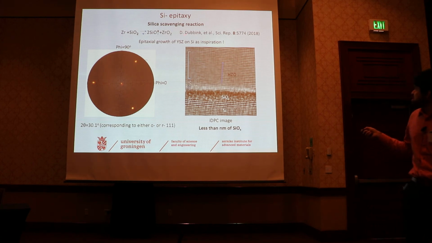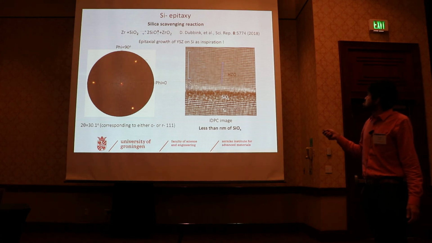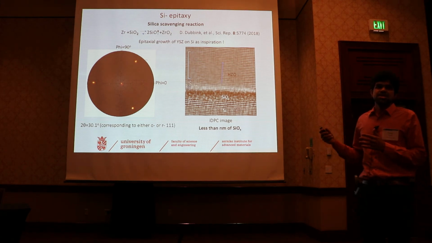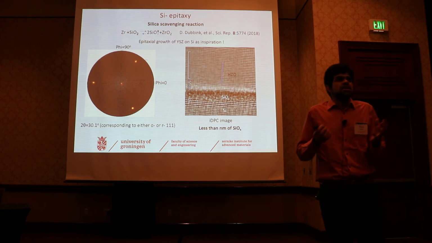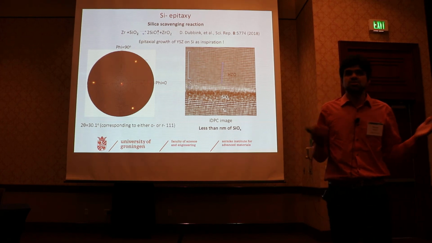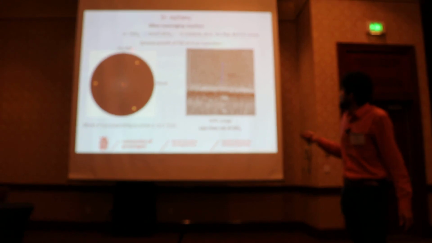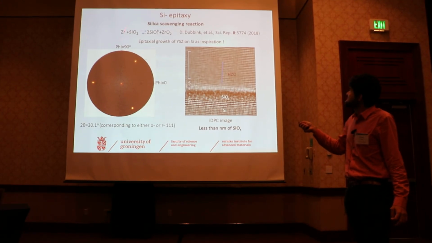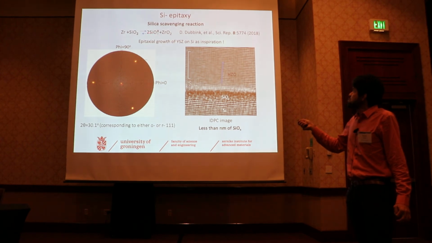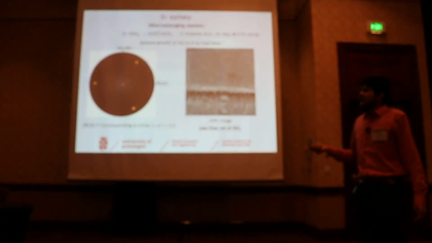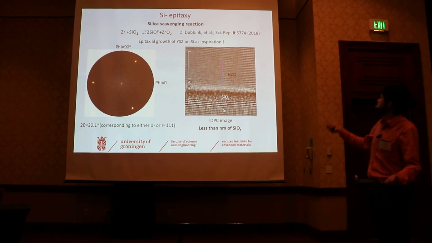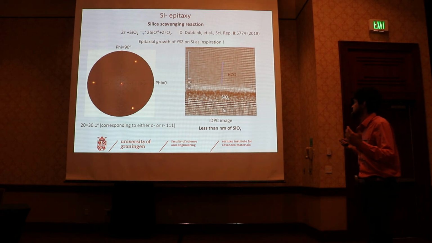And for that, we took epitaxial growth of YSZ, the yttria stabilized zirconia, on silicon, which is very well used in superconducting literature, high TC superconductors, where zirconia actually scavenges the native silicon oxide layer, forming through this reaction, and then that enables an epitaxial growth of HZO directly on silicon.